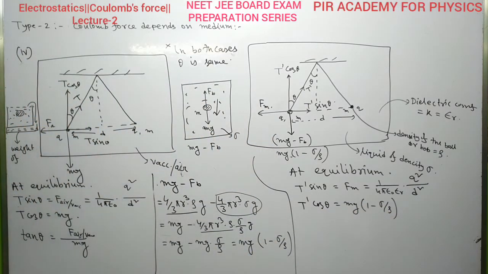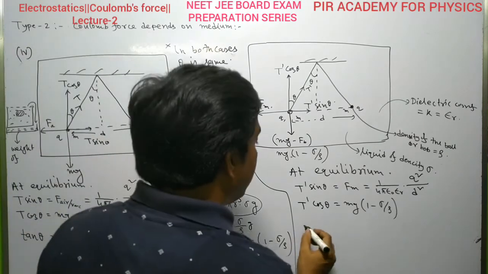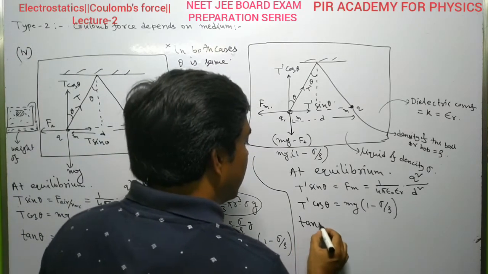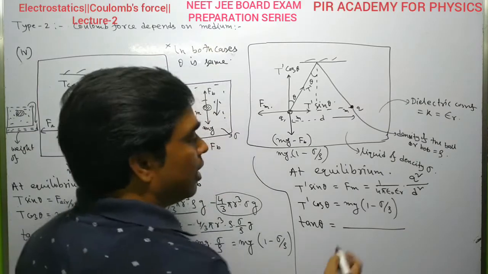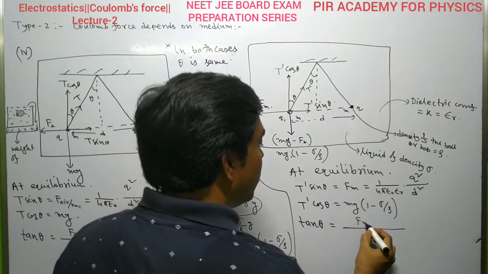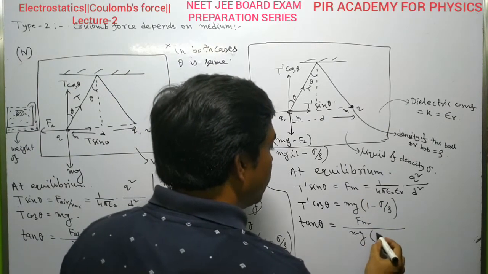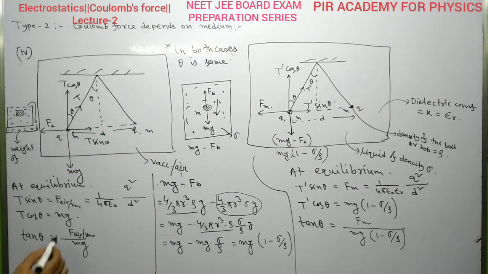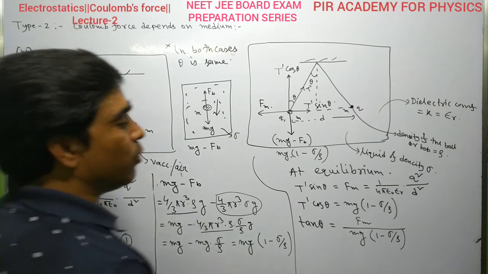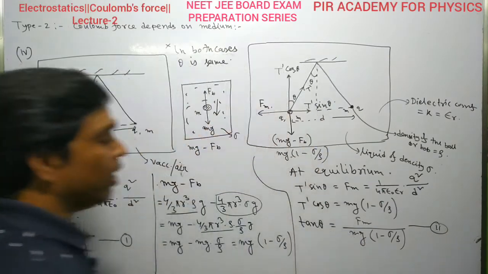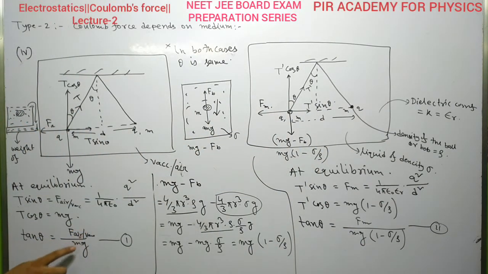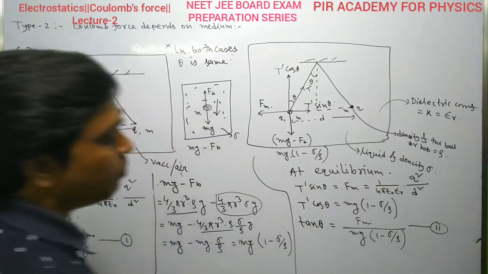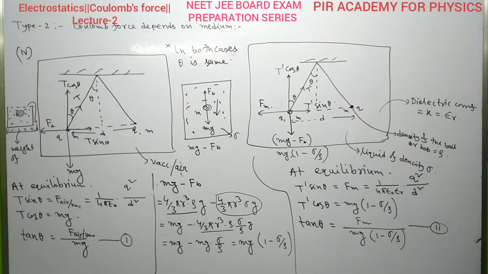This is equation number 1. Suppose this is equation number 2: tan theta equals F of vacuum divided by mg.